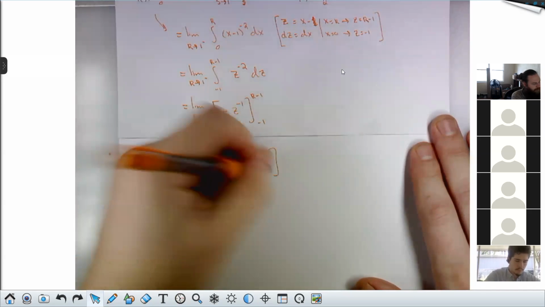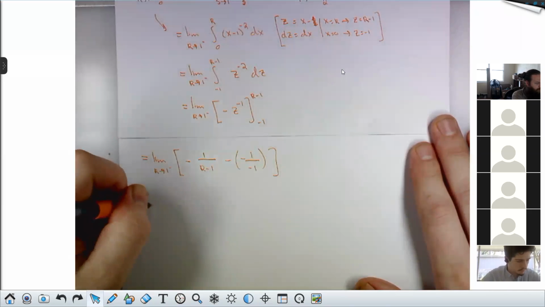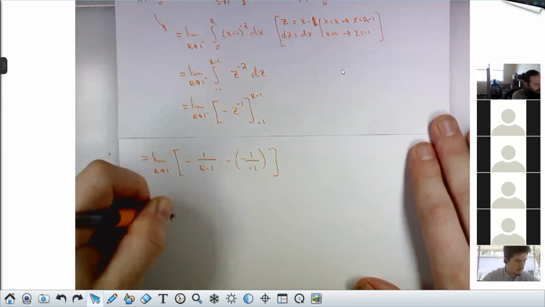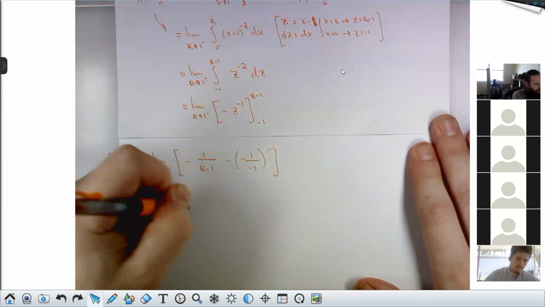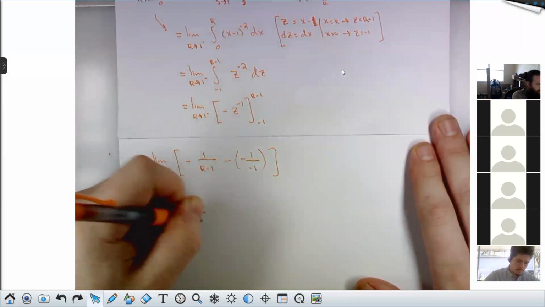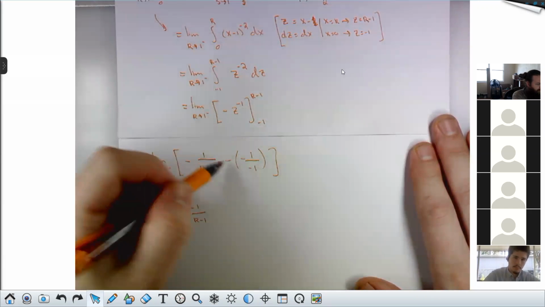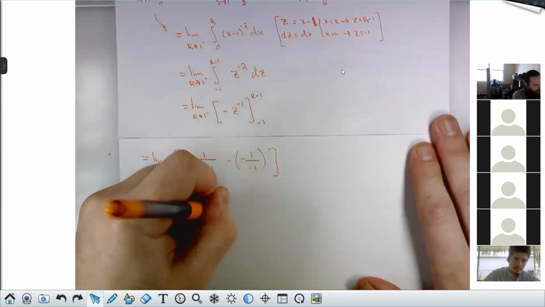Lots of minus signs here to get confused about. So this is the limit as r goes to 1 from the left of negative 1 over r minus 1. That's what we get when we plug in the upper bound. And then minus minus minus makes minus.